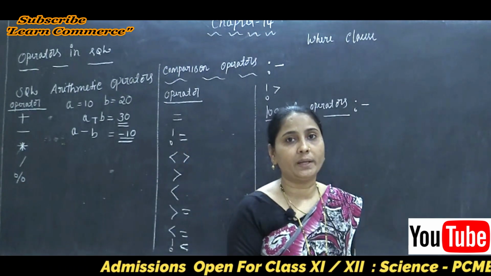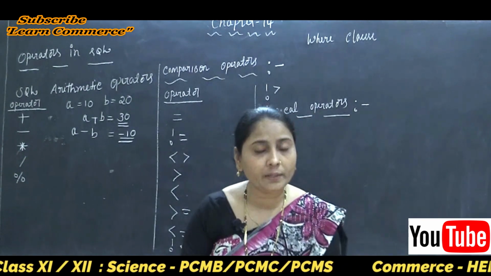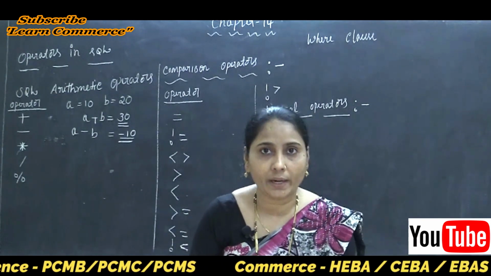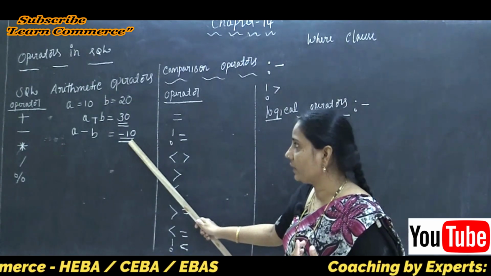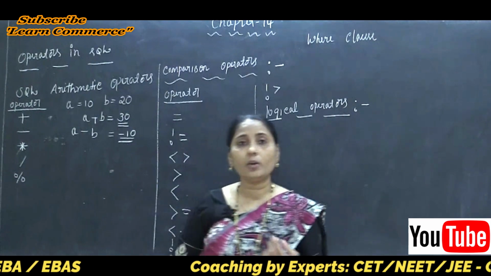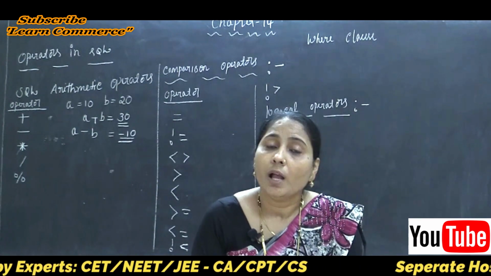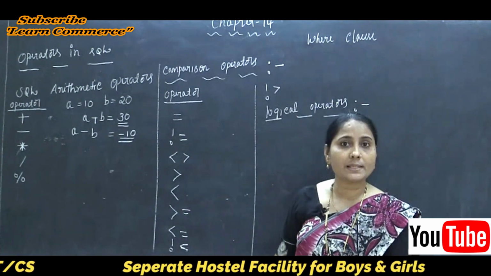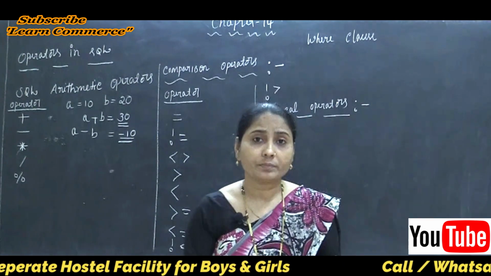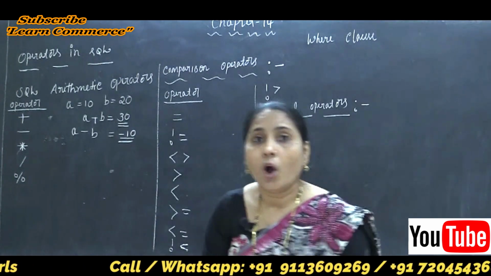That means such an operator is used to subtract the right hand operand from the left hand operand. So we get the value as minus 10 here. And next, the third operator of the arithmetic operators, the multiplication operator. Why do we use the multiplication operator? We can say that it multiplies the values on either side of the operator.